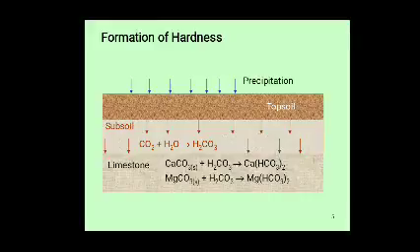When rainwater flows over the surface of the soil and goes to underground water, this H2O water interacts with CO2, carbon dioxide, in the soil.